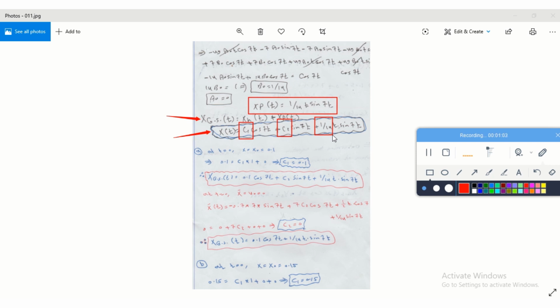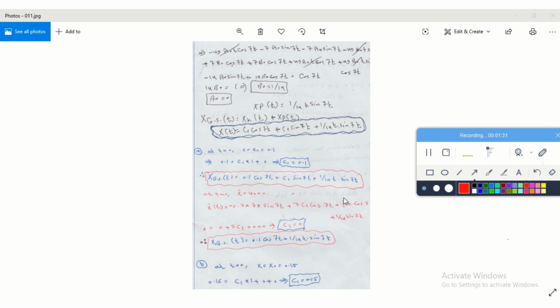Okay, now we will benefit from the conditions that were already given in the problem. Normally at t is equal to 0, x is equal to x naught. Let's see what they said. Now we will solve this equation for part a.